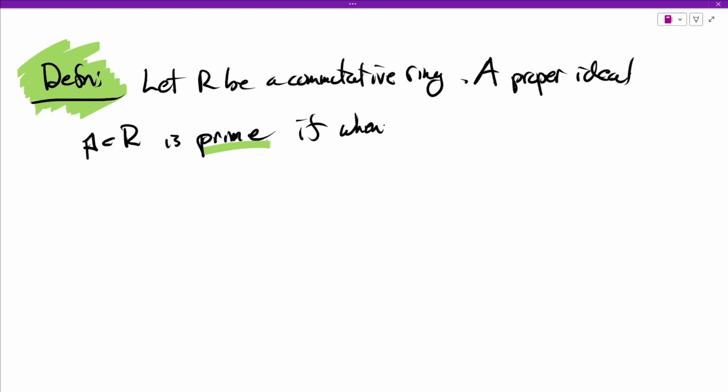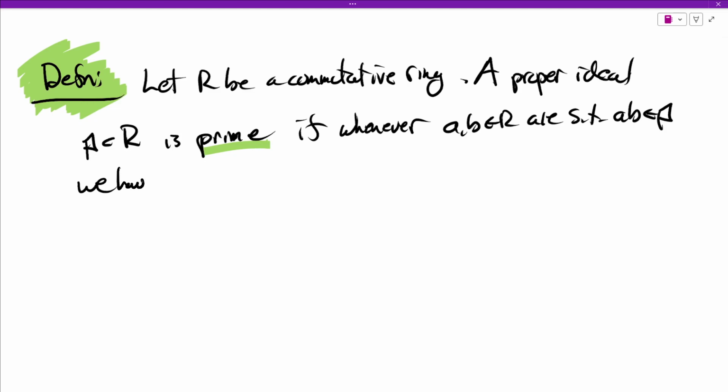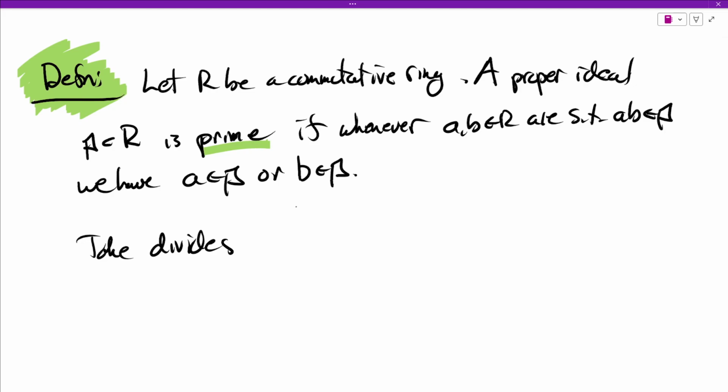So whenever you have a product, so a, b in R are such that ab is in the prime ideal P, we have a is in P or b is in P. So what we've done here is we take divides. That's the end of the definition.